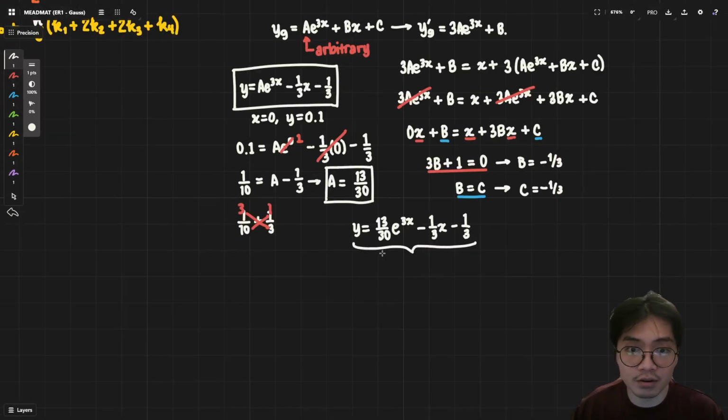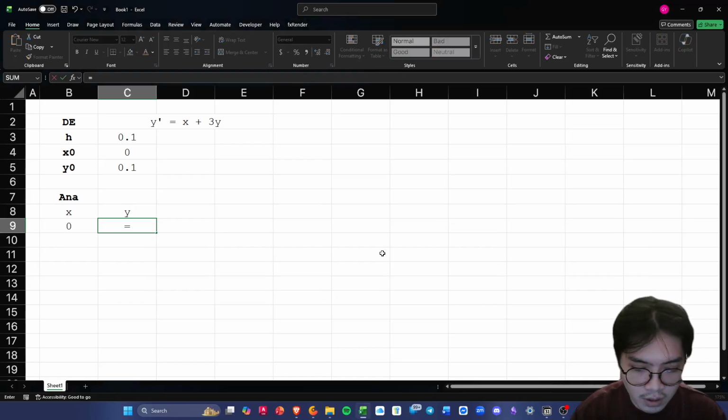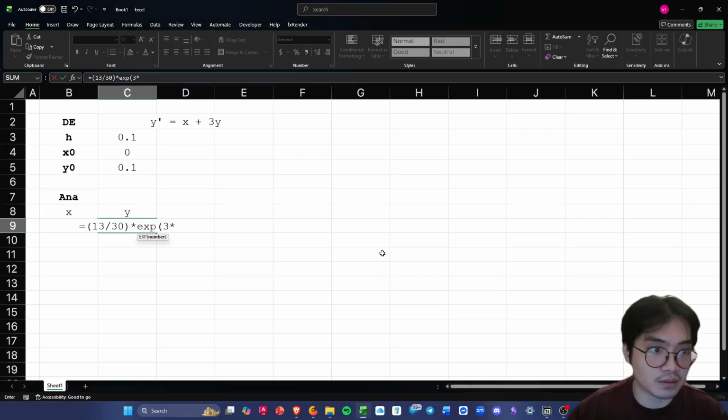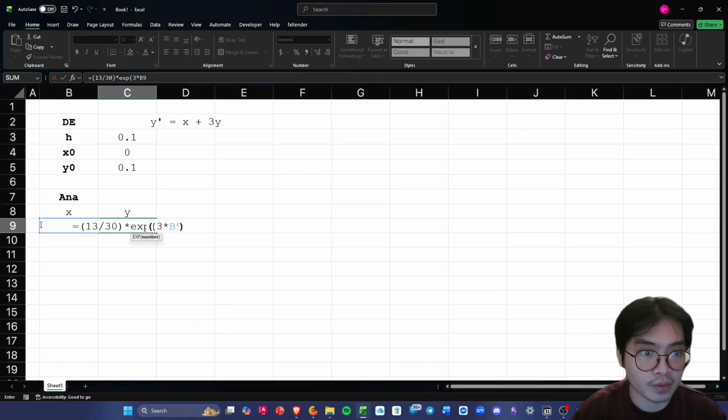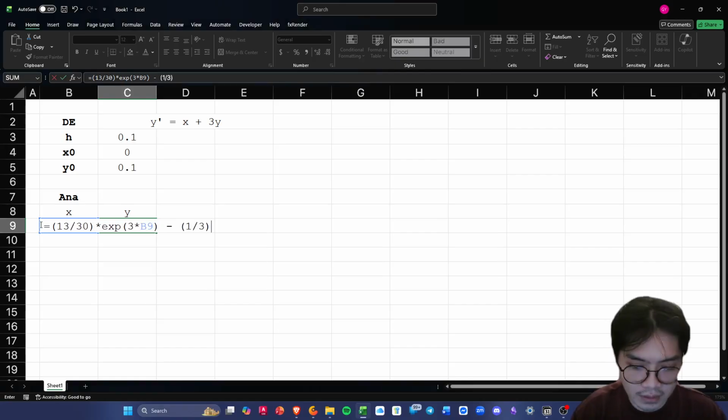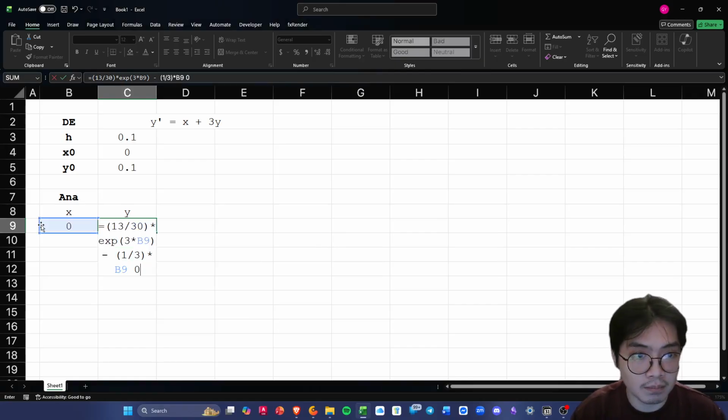It's 13/30. So what we'll do is 13 divided by 30 times the exponent of 3 times this value, which is B9, minus 1/3 times B9 minus 1/3.